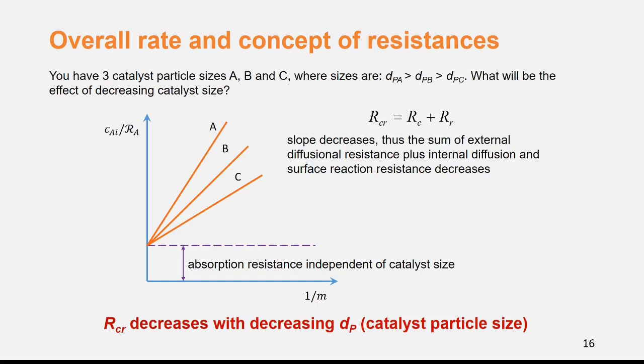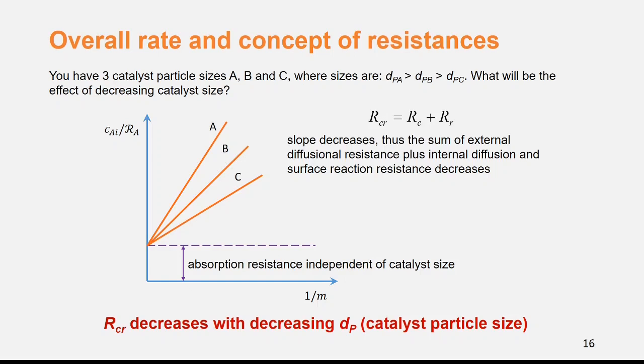Let's think about a first-order reaction. The Thiele modulus is the particle diameter, dP, divided by 2 times the square root of the rate constant, k, divided by the effective diffusivity, DE. So this is from topic 3.